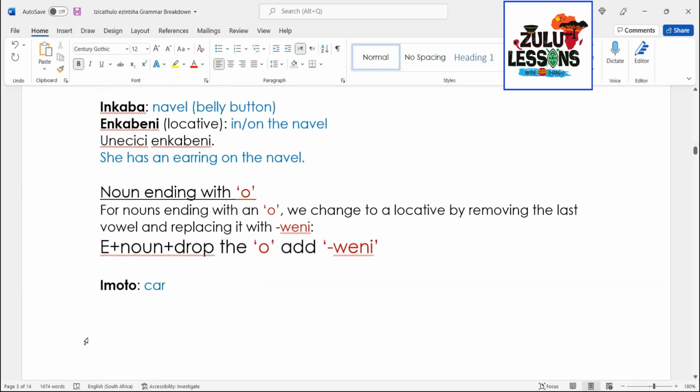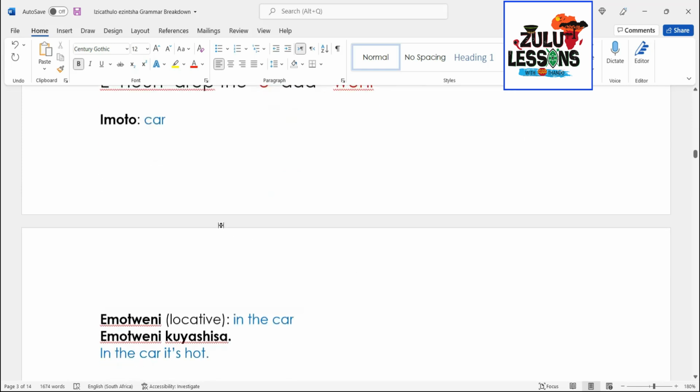Now, for nouns that end with the letter O, we remove that vowel O and replace it with weni. Do you hear that? It's W-E-N-I. So your noun will start with the letter E, then the body of the noun, and then we replace the O with weni. So let's have a look at this noun.